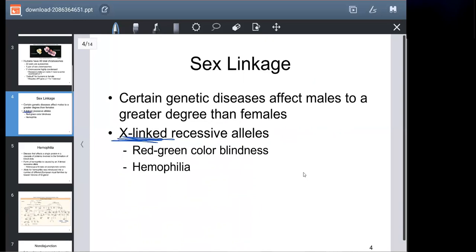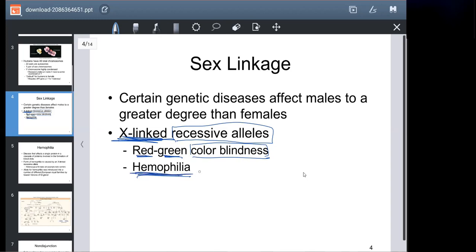In all the exam questions, it will be an X-linked recessive trait. There are 2: one is color blindness and one is hemophilia. Color blindness is a trait where the individual cannot distinguish between red and green. To them, it looks similar.